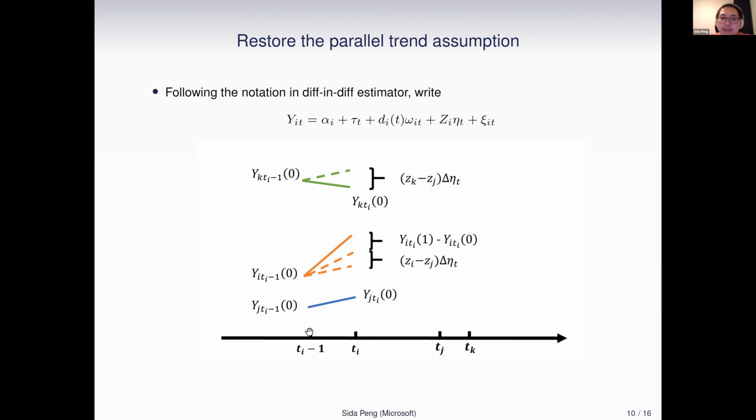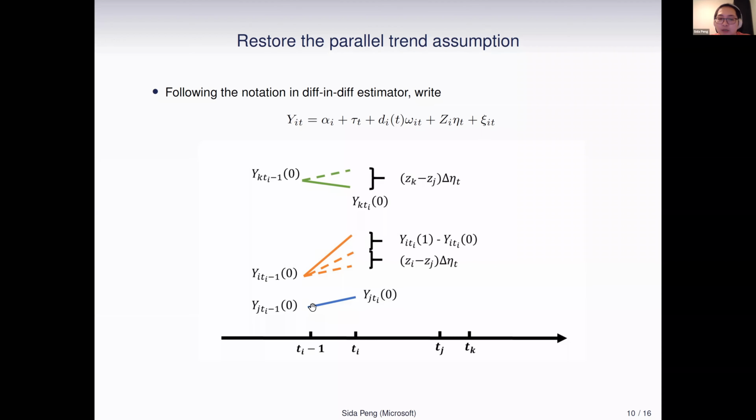Now let's assume we observe three different types of individuals. Similar to the Diff-in-Diff setting, we have individual I who adopts at time Ti, but we also observe individuals J and K who will adopt at a time greater than Ti, so they haven't adopted at time Ti.